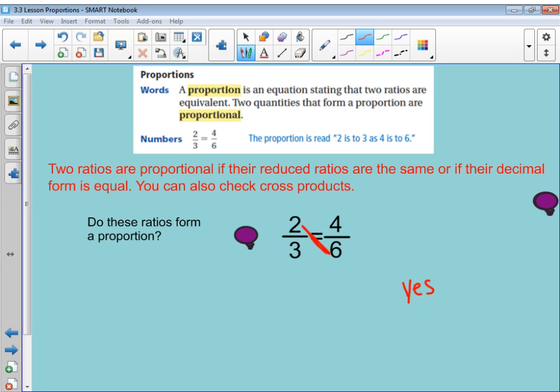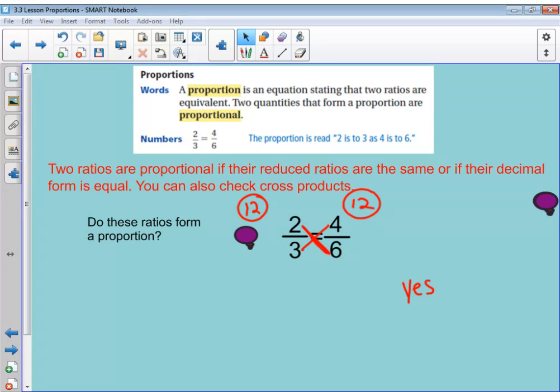So when we go through to do this, 2 times 6 would give me 12. And 3 times 4 would also give me 12. So we're going to do cross products there. Eventually we'll call this cross multiply and divide, or cross multiply and solve as you get older. But because we ended up with the same cross products, yes, they are considered proportional.